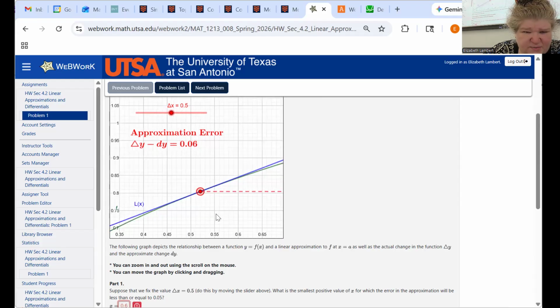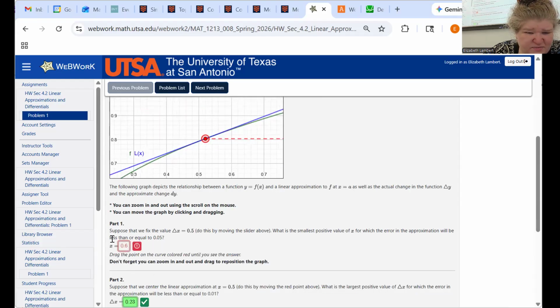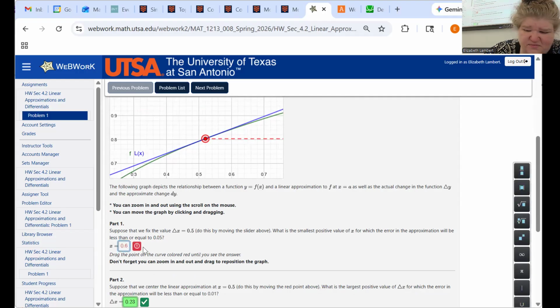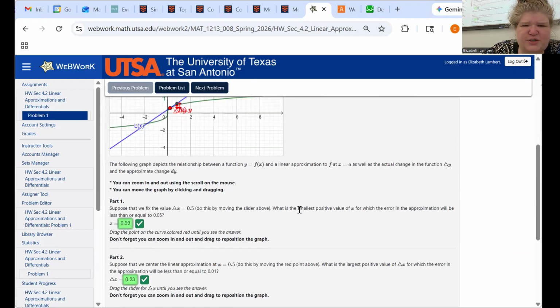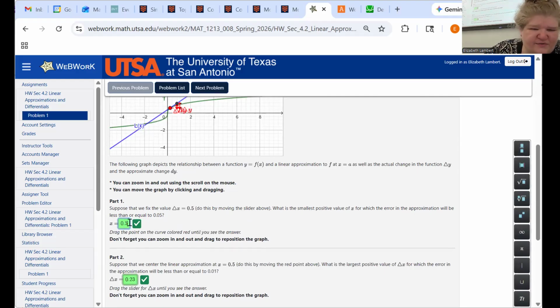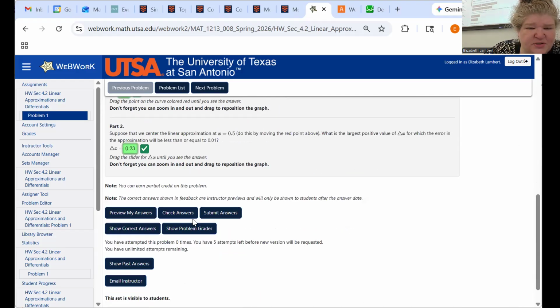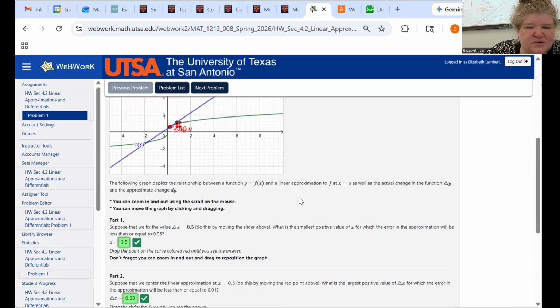Maybe we'll try this 0.5 too. Sure. Might even take 0.5 here, although it probably shouldn't. Yeah.